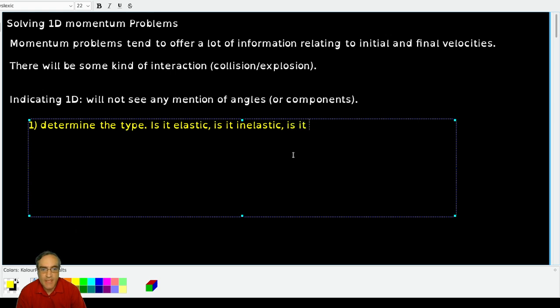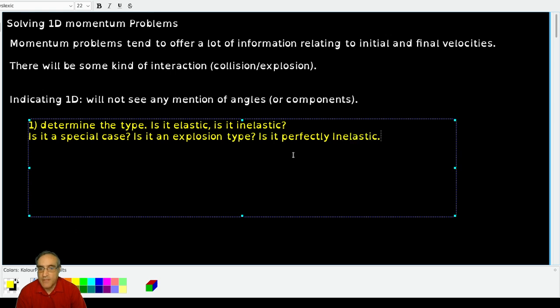Is it a special case? In other words, is it an explosion type, one object splitting apart into many, or is it perfectly inelastic? If it's either of those, you get some special rules, and that makes it easier to solve.